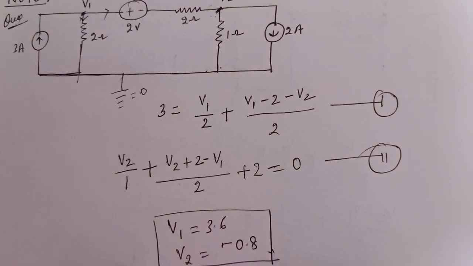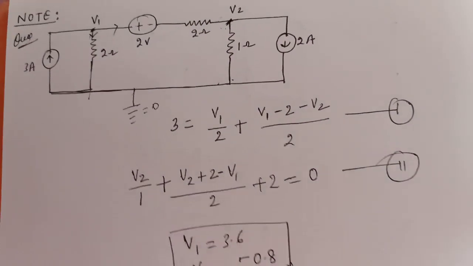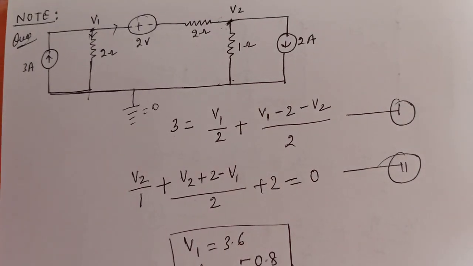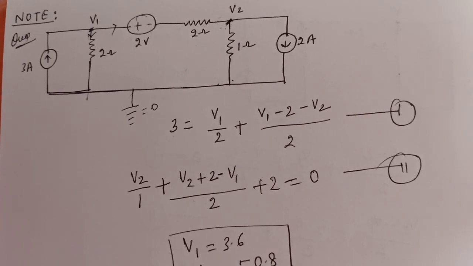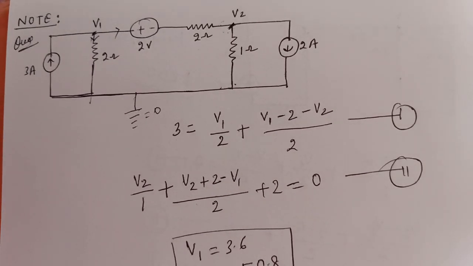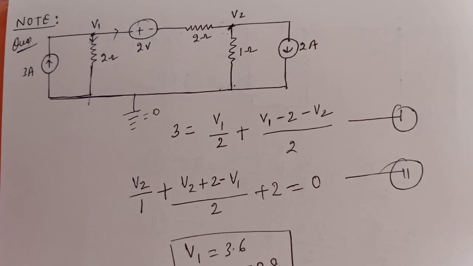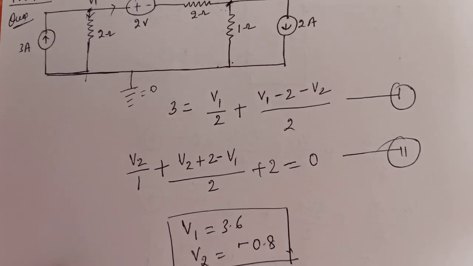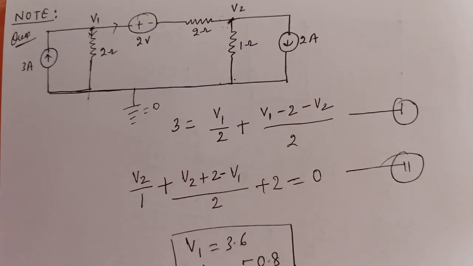So this was about the nodal analysis technique. Today I have discussed how to identify the nodes. Already you know what a node is. In the previous class I explained what a node is. Then identify the nodes, then assume voltages at each node, and one node you have to take as the reference node, and for that reference node you have to assume zero potential.